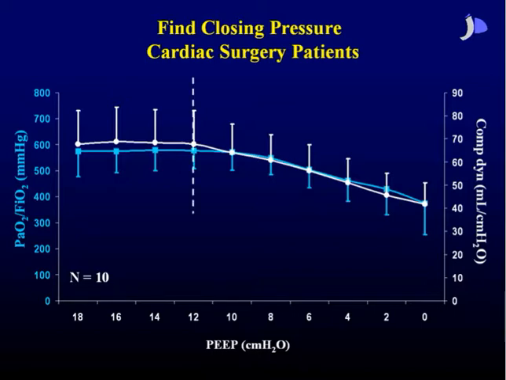So in this group of patients, lung mechanics is an earlier indicator than oxygenation for indication of closing pressure and lung collapse. Oxygenation, the maximum was here, it started to fall by 10, and we had the shift. Probably in these healthy lungs, they have a good functional physiological system, and the interference of pulmonary hypoxic vasoconstriction may play a role in having a delayed signal in oxygenation as compared to compliance.